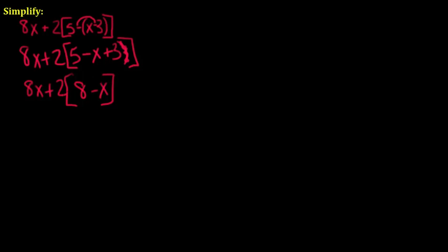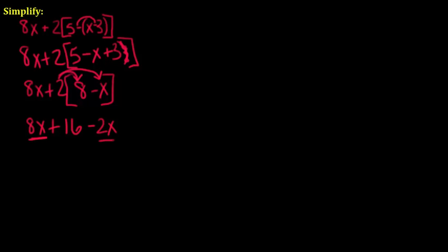Now we want to distribute the 2. So 2 times 8 and then 2 times negative 1. So 8x plus 2 times 8 is 16. And then 2 times negative 1 will still be negative 2x. So now we want to group our like terms together.